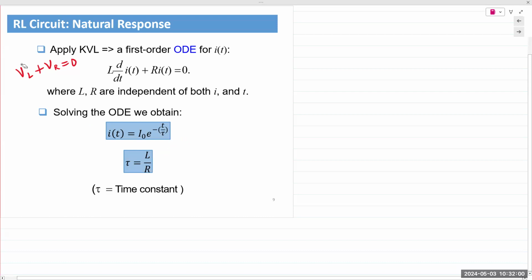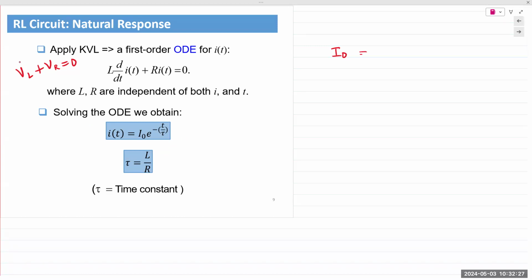I0 times e raised to minus t over tau. Okay, I of t, the current through the inductor as a function of time, can take on any value depending on which moment in time you're talking about. t is the variable, I0 is the constant, or has a fixed value because that's the initial value, the full charge.